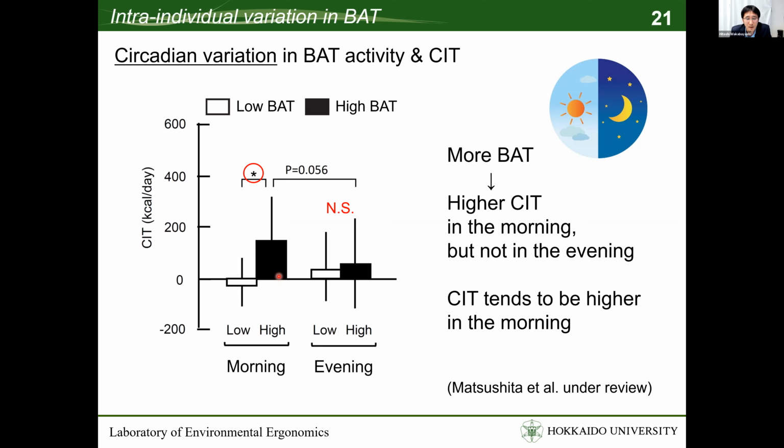So they found that high BAT group showed higher cold-induced thermogenesis compared to the low BAT group in the morning, but in the evening, no group difference was observed. And also, cold-induced thermogenesis tended to be higher in the morning compared to the evening in high BAT group. So these data suggested the circadian variation in BAT activity and cold-induced thermogenesis.